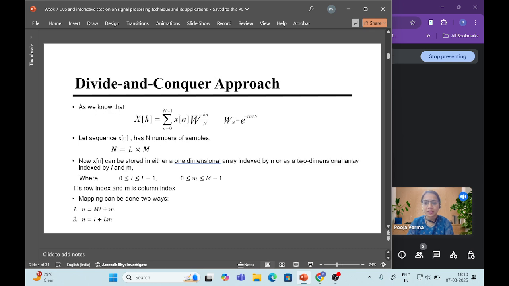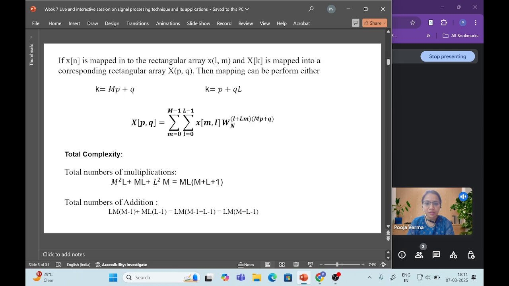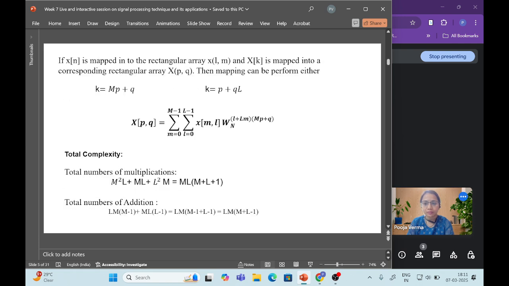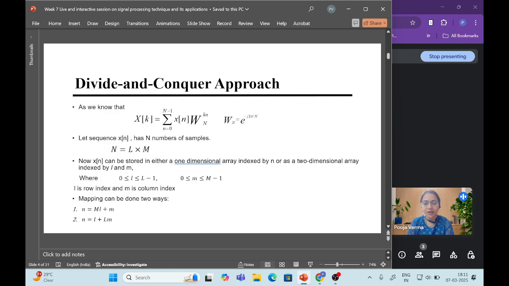The first one is the divide and conquer approach, and the second one is the radix-2 FFT algorithm. It can be any radix: 2, 4 or 8. First we will see the divide and conquer approach.